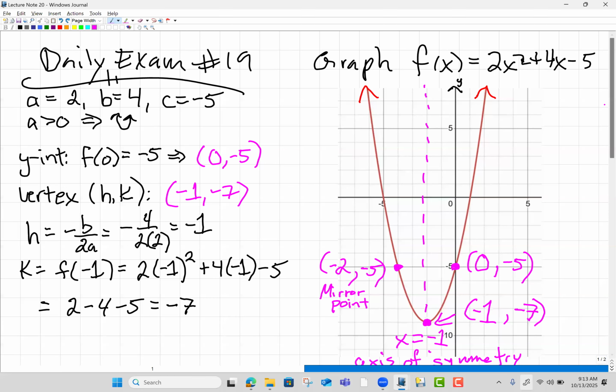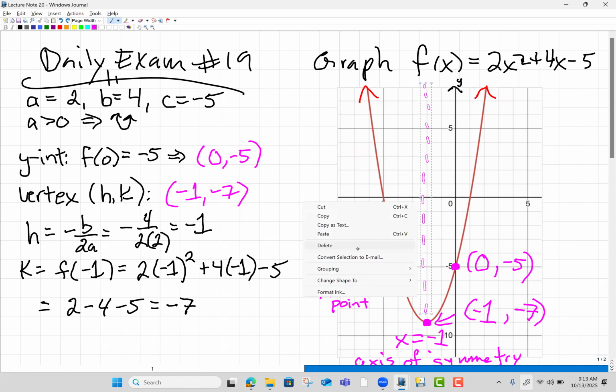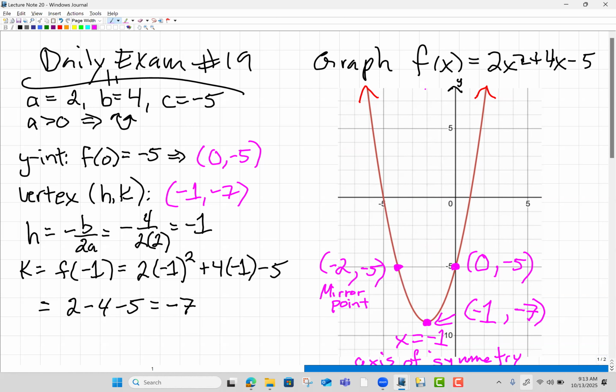But before we start looking, if we were just going to use our brain, we know that because of symmetry, let me make this line better. This guy right here. Because of symmetry, we know that this distance and this distance is the same distance, right?